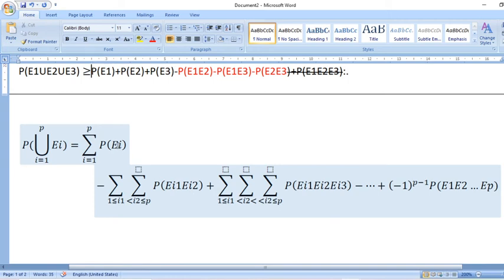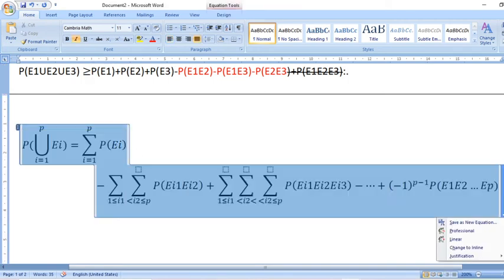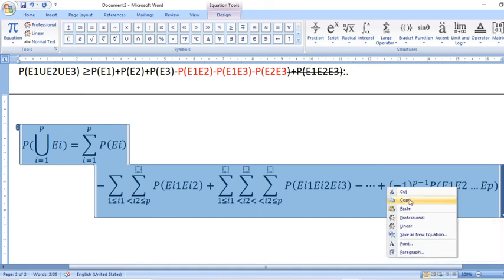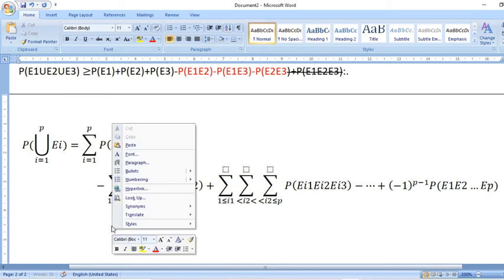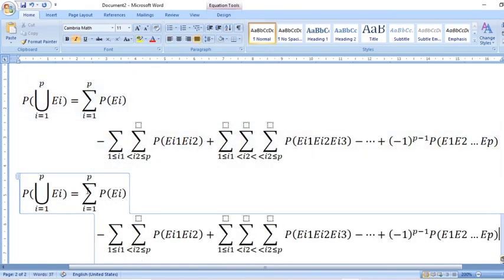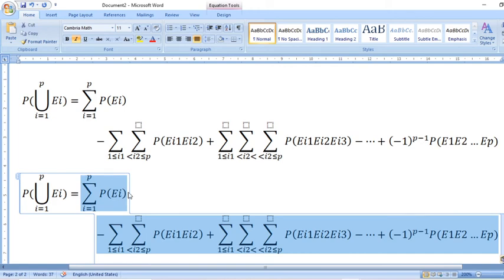Suppose we can write it as, this is S1. Suppose this can be written as some, yes.